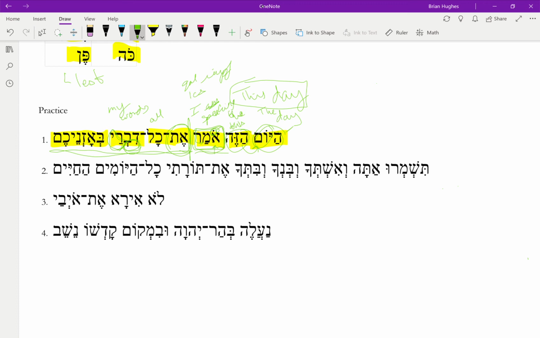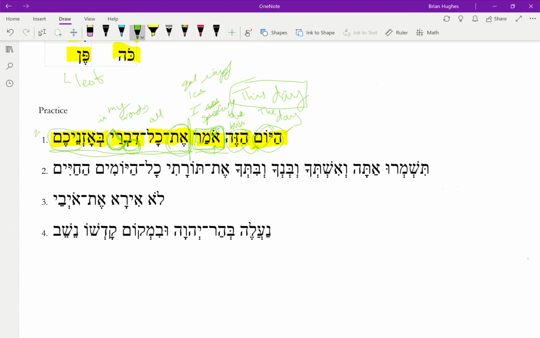We get this hirek shava here. And so there's a couple of ways we could have gotten the fact that this is plural, the patak under here as opposed to the hirek yod, and then just the vowel construction. So my words, the is in, at, or with, and then we have oznechem. Well, we can start with the fact that this has the suffix on it.